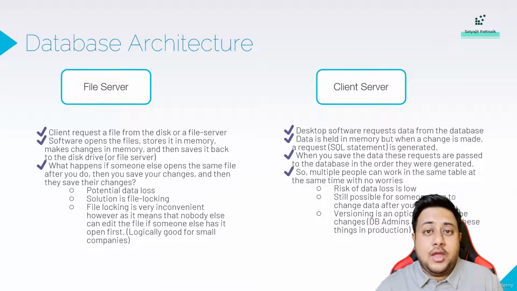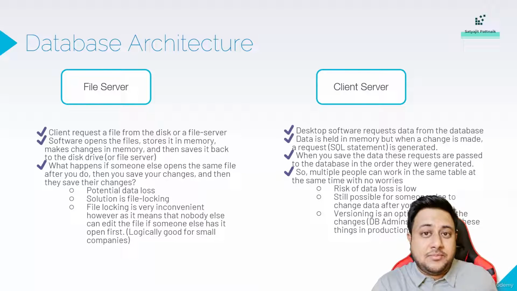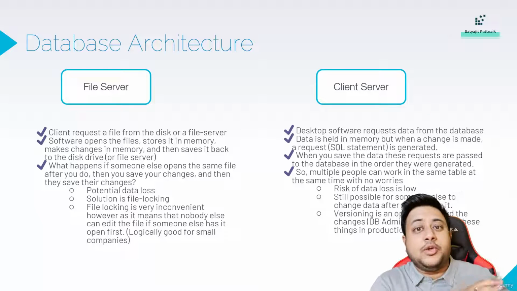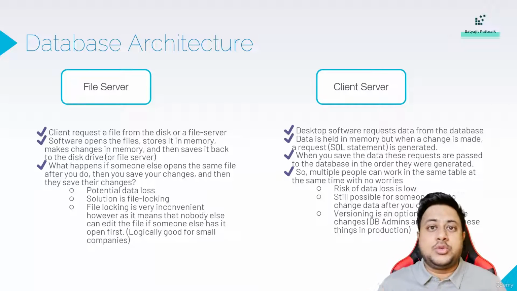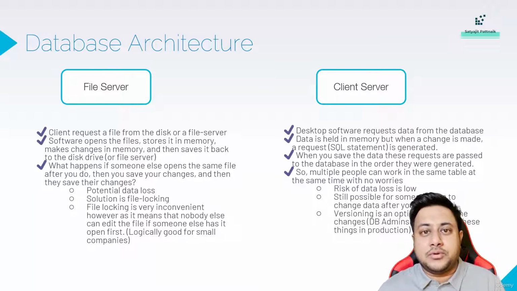We don't know. Or he finishes in 10 minutes but forgets to close it, which means the file is still open on somebody else's system. So user 2 is already in a waiting mode. He will only be able to see the file in read only mode. So that is one of the major drawbacks of file servers.